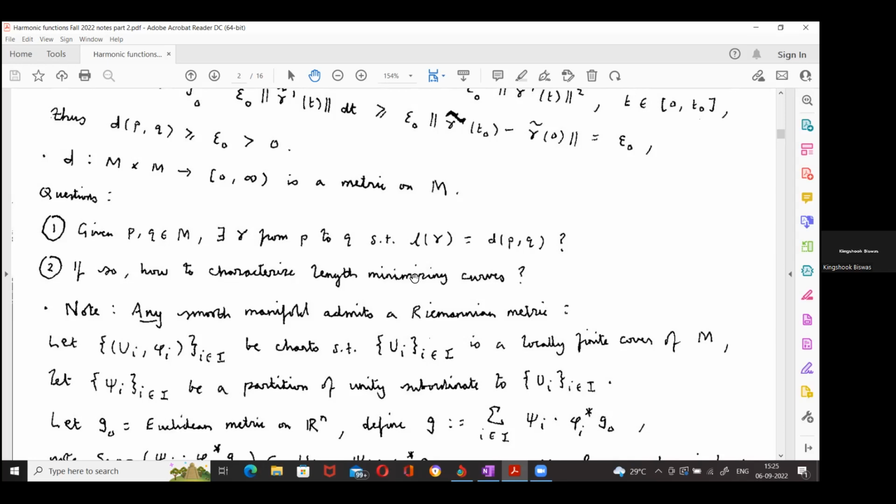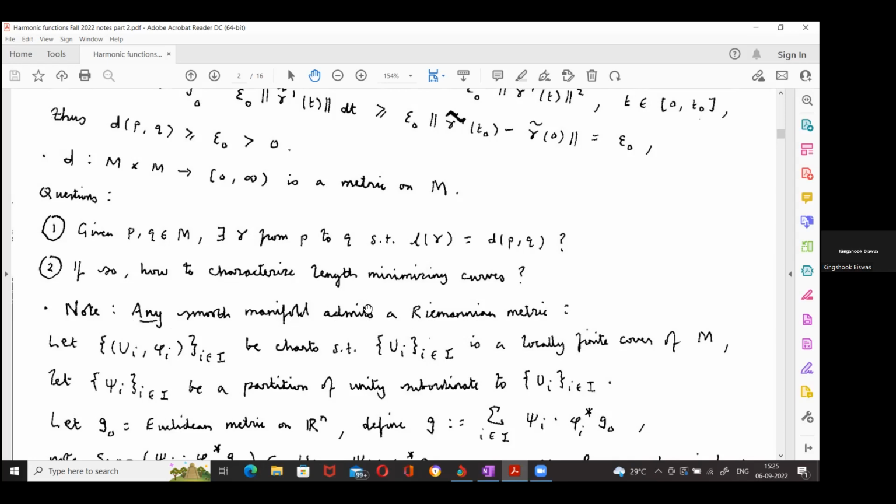These locally length minimizing curves will be called geodesics. So we're going to talk about geodesics, but first let me make one remark, which is an easy thing to see: any smooth manifold admits a Riemannian metric. This is not hard to see.